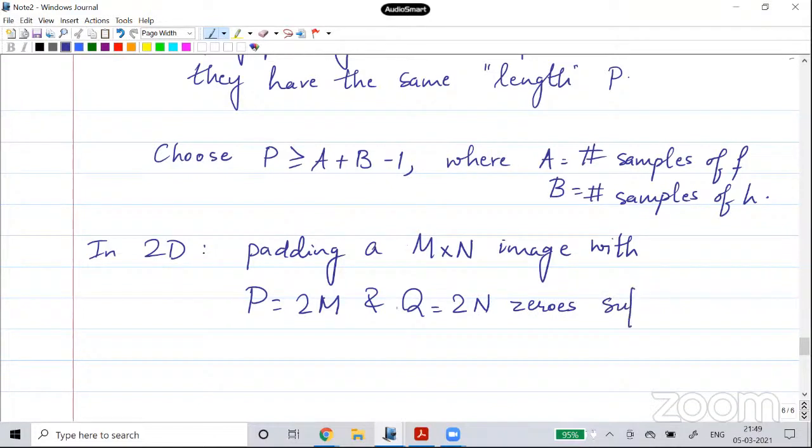It suffices. So I'm stressing this point or writing about this because this will come about as one of the steps for filtering.